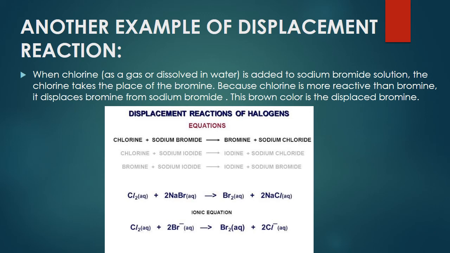Chlorine will take these electrons, will gain electrons and it will get reduced. Bromine will lose electron and it will get oxidized. As reduction and oxidation, gain of electron and loss of electron, are taking place in the same reaction at the same time, that's why this reaction is a displacement reaction as well as a redox reaction.